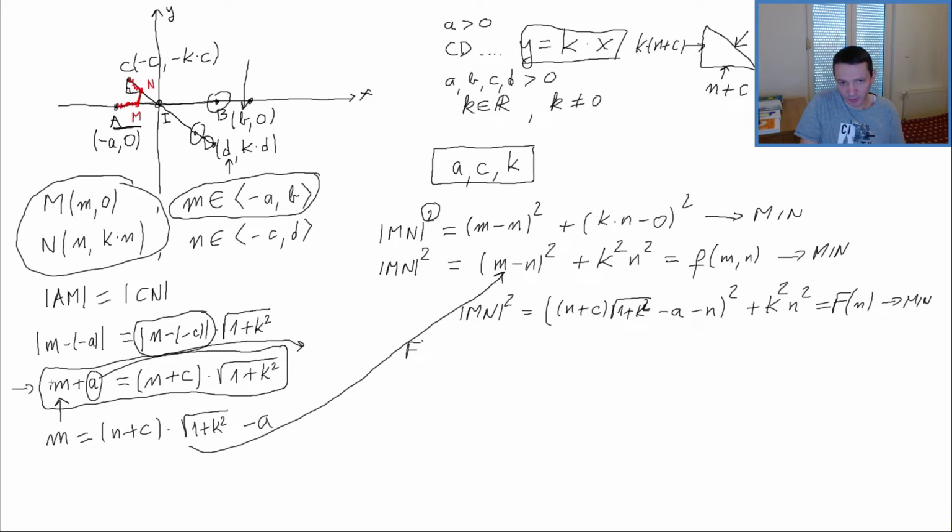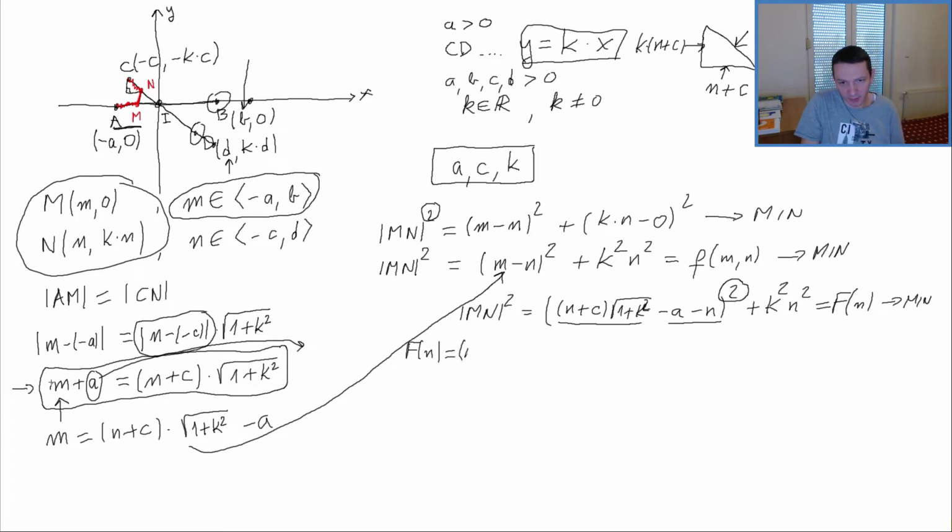But f of n is, we shall now calculate, I shall now use the famous formula for the square of a binomial. So I shall take this like a binomial of two terms here.